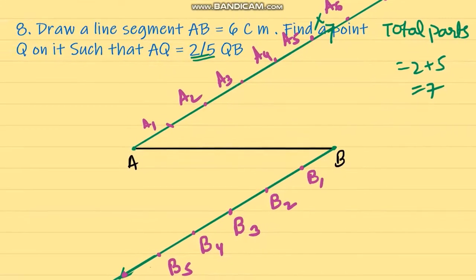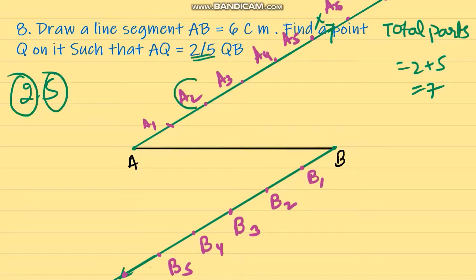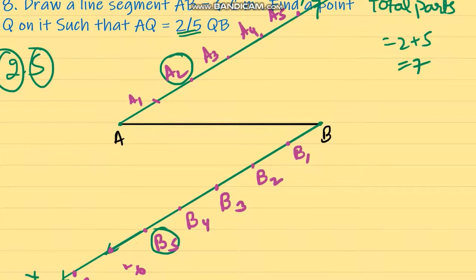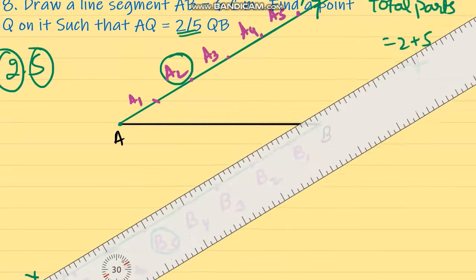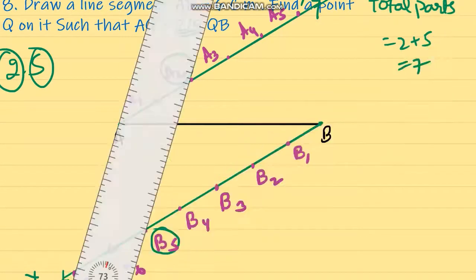Now 2:5 you have to understand here. 2:5 means this is for A and this is for B. So A2 you have to join with B5. When you join A2 with B5, you will get the required ratio. Now take the ruler and join A2 with B5.